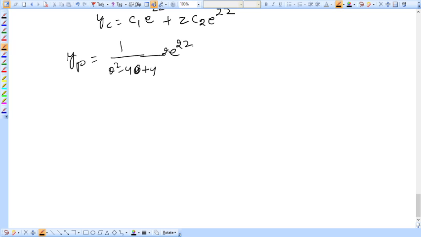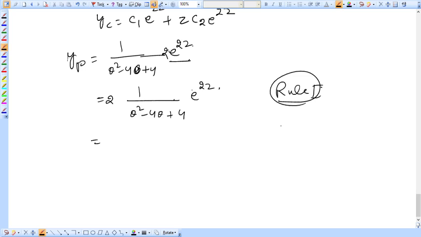Now the particular integral is 1 over theta square minus 4 theta plus 4 times 2 e raised to power 2z. So 2 outside, we get 1 over theta square minus 4 theta plus 4 e to the 2z. If you apply rule 1, what does it say? When we get Q of x equal to e raised to power az, replace D by a.